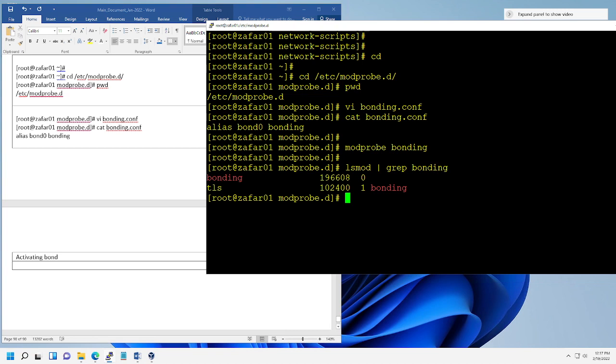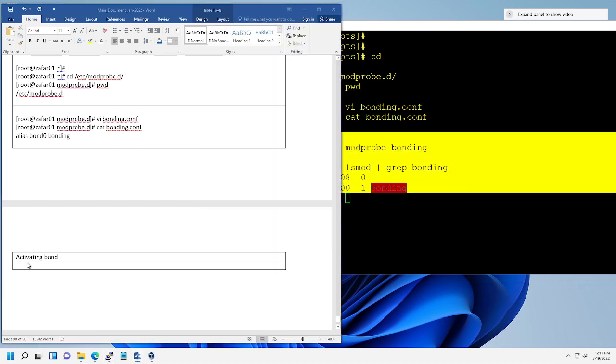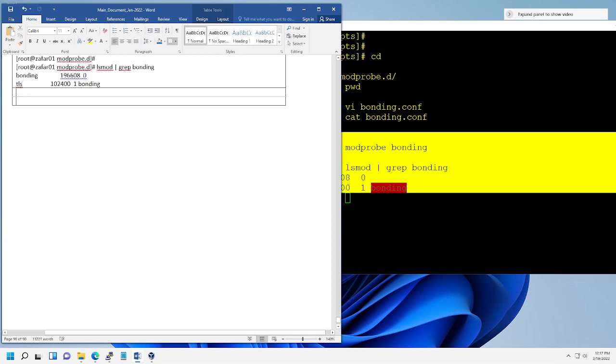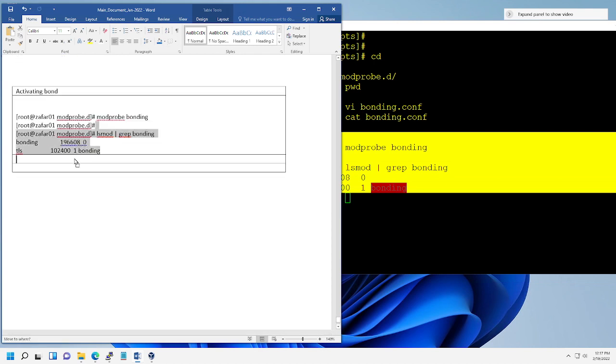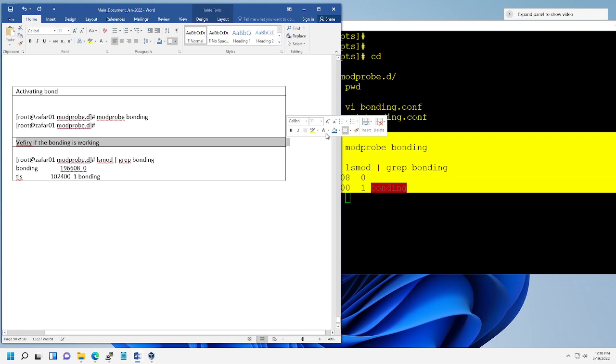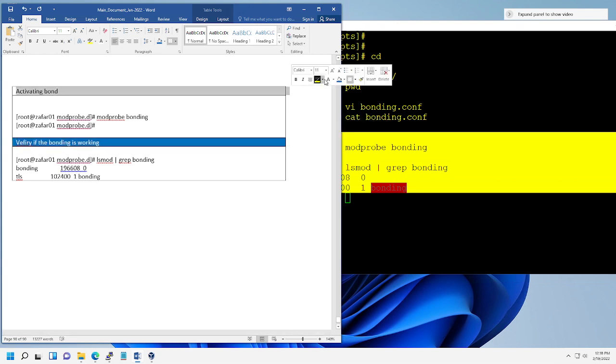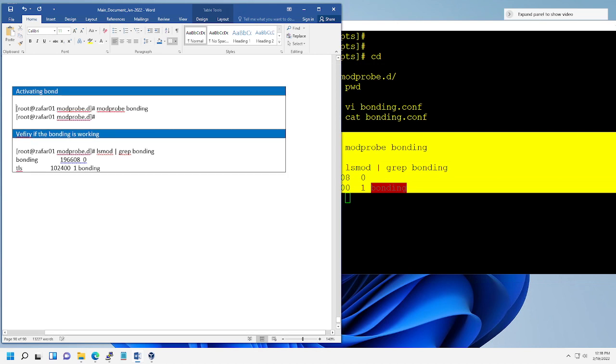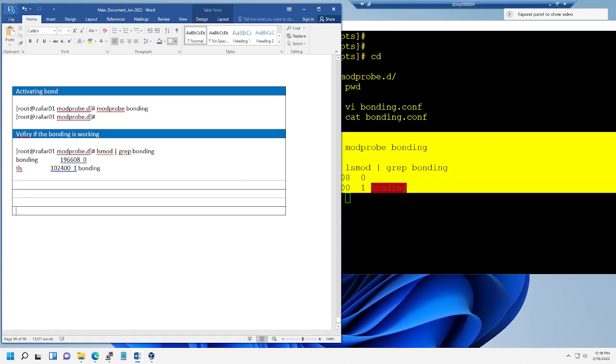We have bonding working on the system here. Verify if the bonding is working.